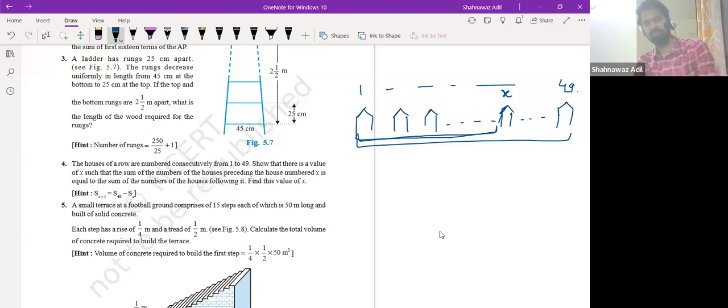What is this house number? x, and before this, it is x minus 1.